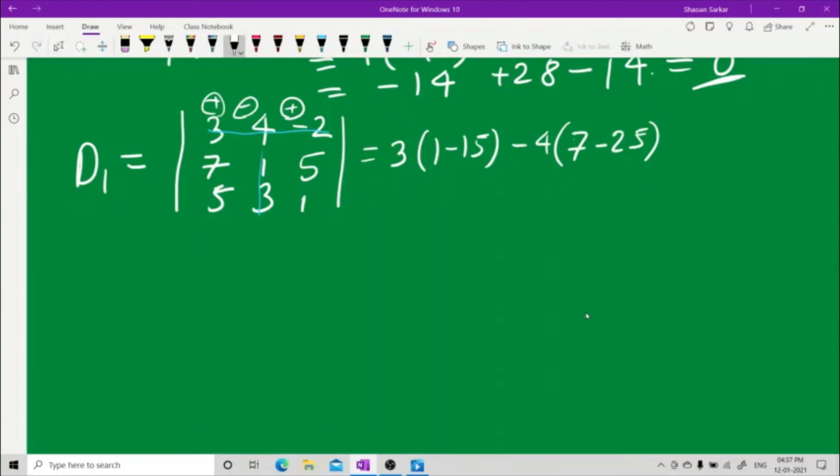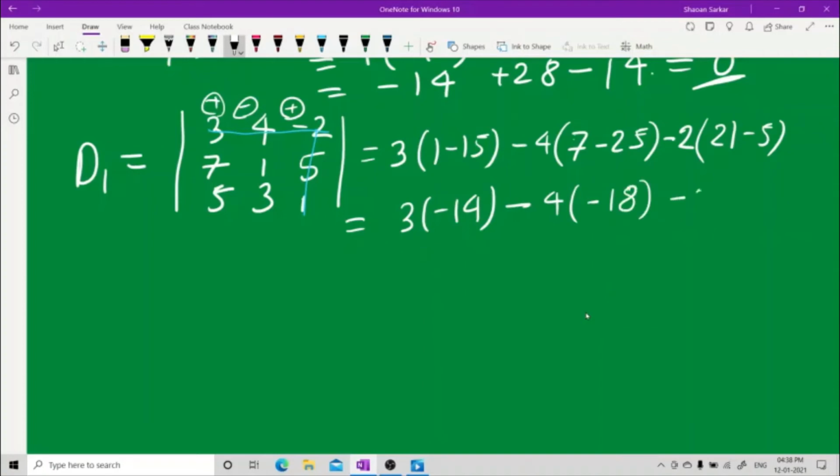Now if I hide the last column, I'll get minus 2, and then I'll get 21 minus 5. So this is 3 into minus 14 minus 4 into 18, and then you have minus 2 into 16.